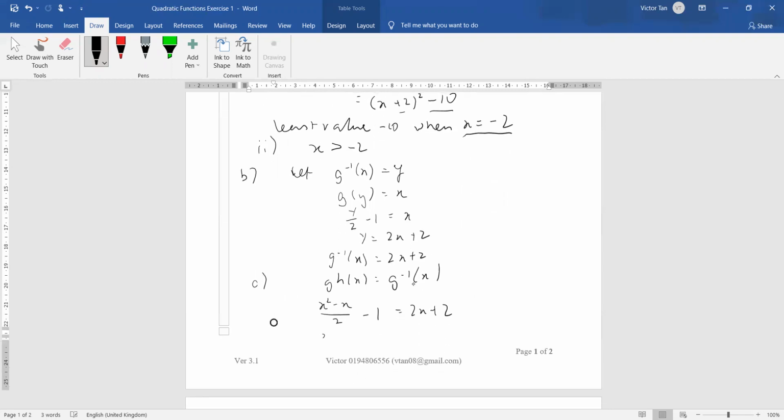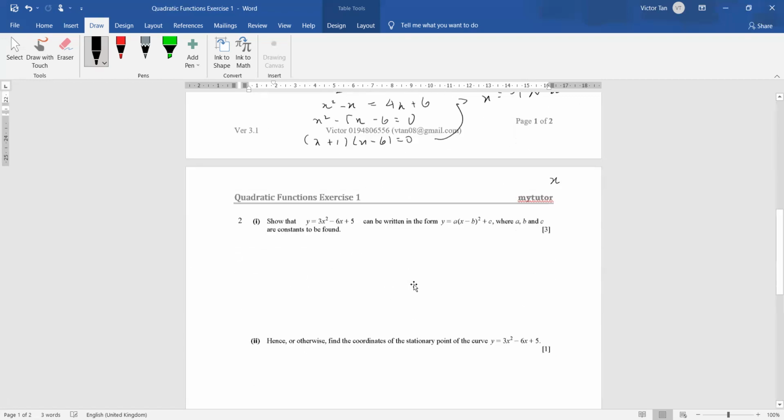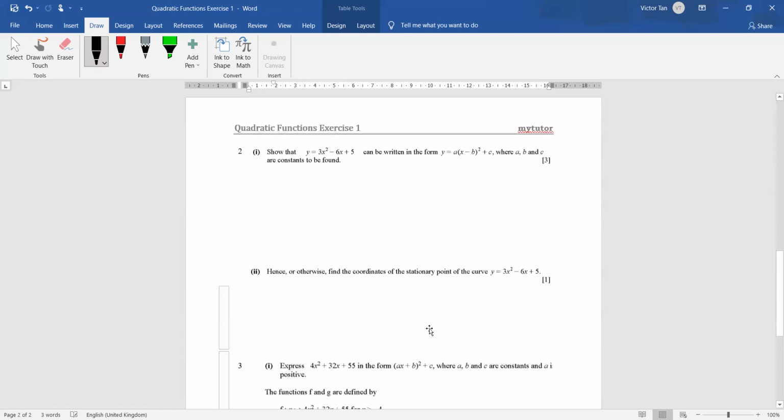Okay, running out of space. x squared minus x equals 4x plus 6. x squared minus 5x minus 6 equals 0. (x plus 1)(x minus 6) equals 0. So x is minus 1 or x is 6. Okay, we have finished the first question. Let's go to the second question.